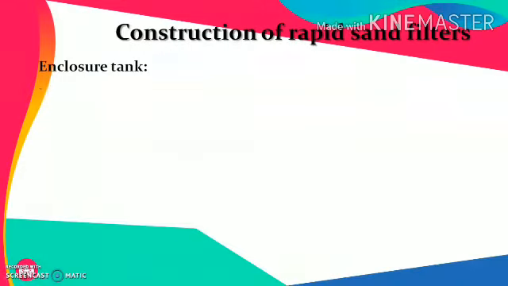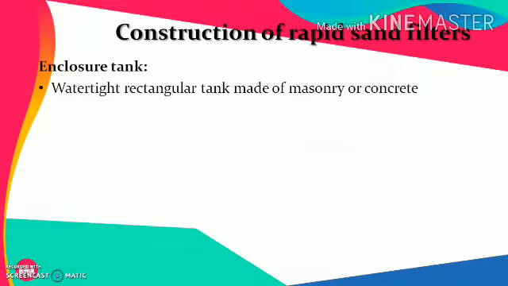The construction of rapid sand filter. Like the slow sand filter, this also needs an enclosure tank. A watertight rectangular tank made of masonry or concrete can be used for this enclosure tank. The depth of such an enclosure tank is in a range of 2.5 to 3 meters or sometimes more.